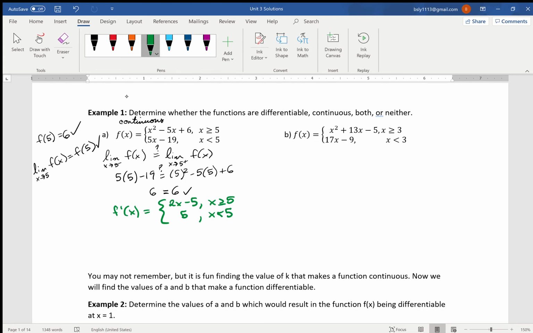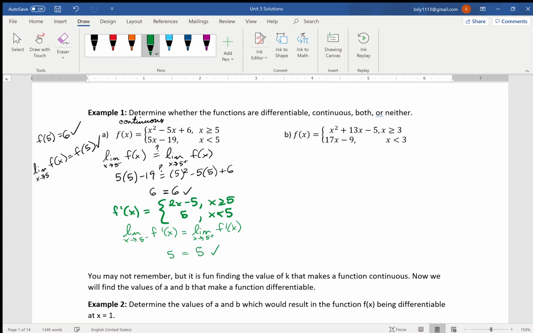Now we need to see, is the function really differentiable? The only way to know is to find the limit as x approaches 5 from the left of f prime of x, and see if the limit as x approaches 5 from the right of f prime of x is equal to that value. When we're going from the left, we're talking about this lower function here, which is 5, right? Because no matter what you plug in, you always get 5. And then 2 times 5 is 10 minus 5 is 5. So that is also true.